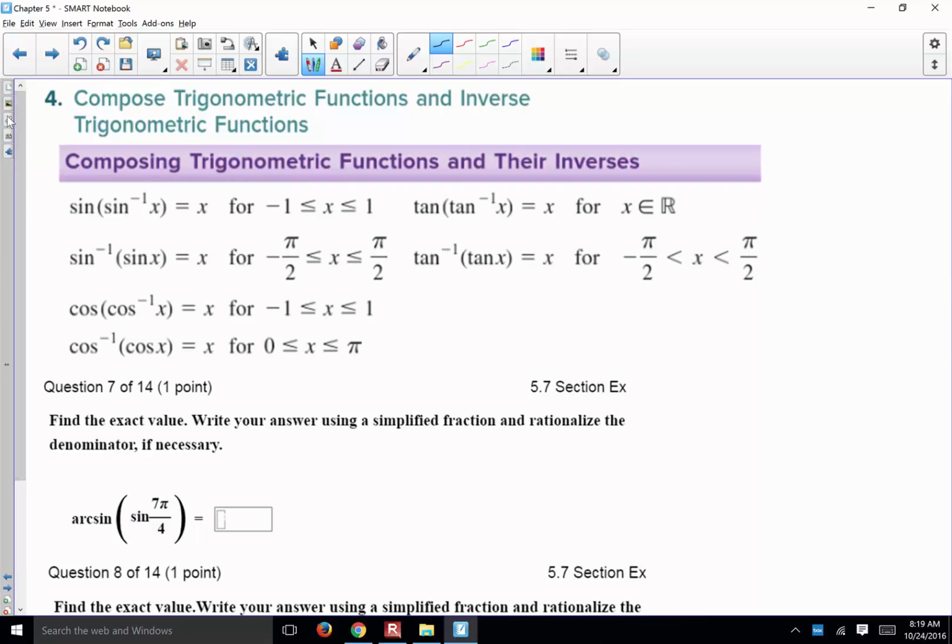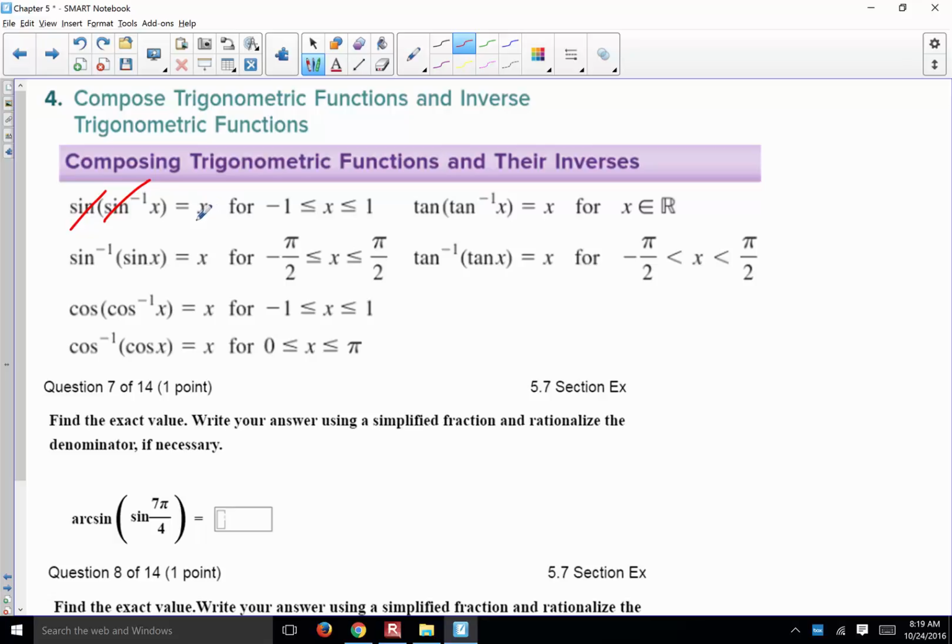Alright, now we are going to take a look at what happens when an inverse function and the original function you inverted from are composed together. And of course, an inverse function and the function itself automatically cancel out, and what's left is x.